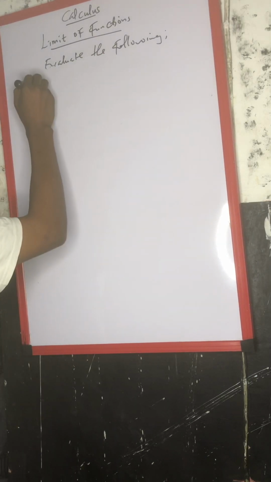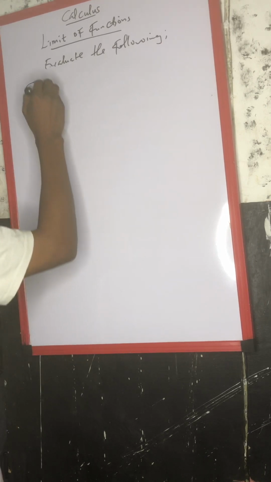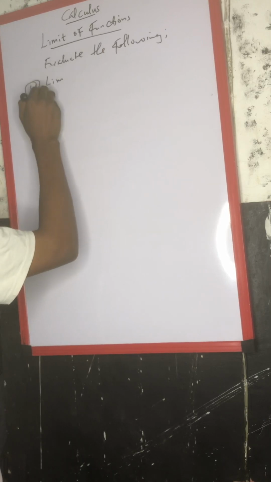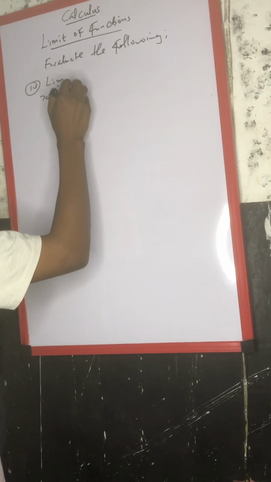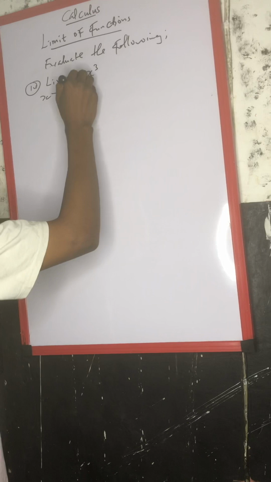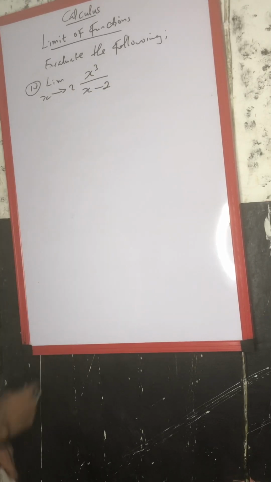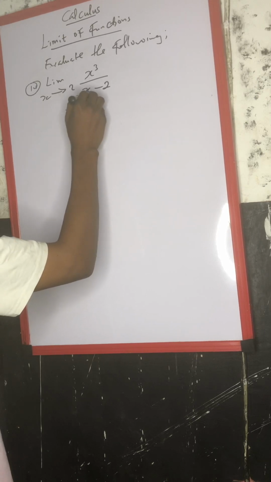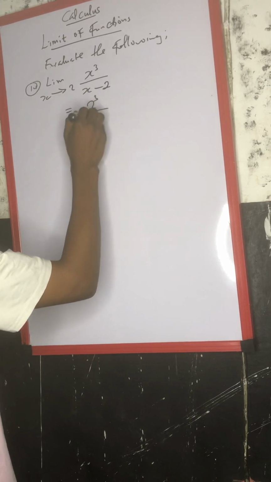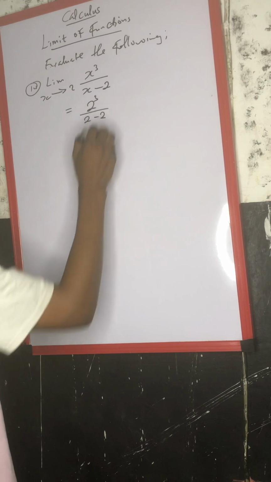So number 4 question. We also have limits of x approaches 2 of x cubed all over x minus 2. You already know what x is: x is 2. So it becomes 2 raised to power 3 all over 2 minus 2.